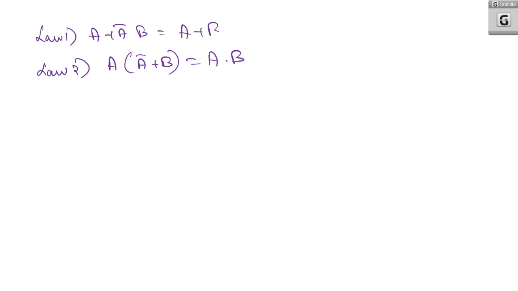So let me draw the logic circuit of the first one. A or A bar B. A is there, B is there.